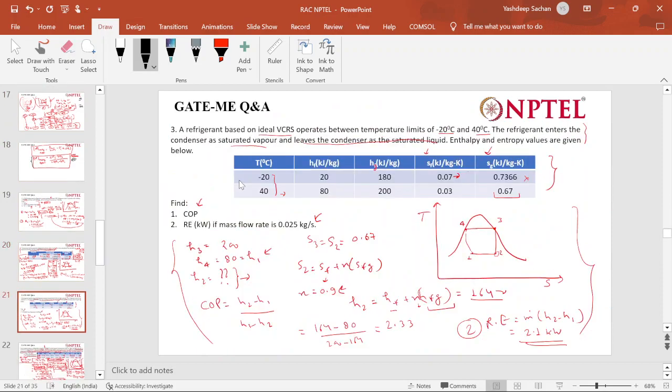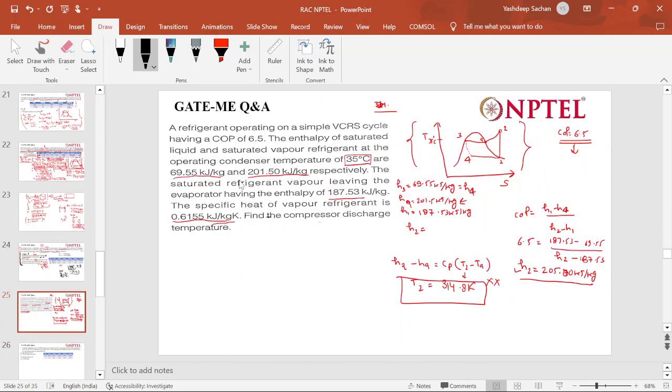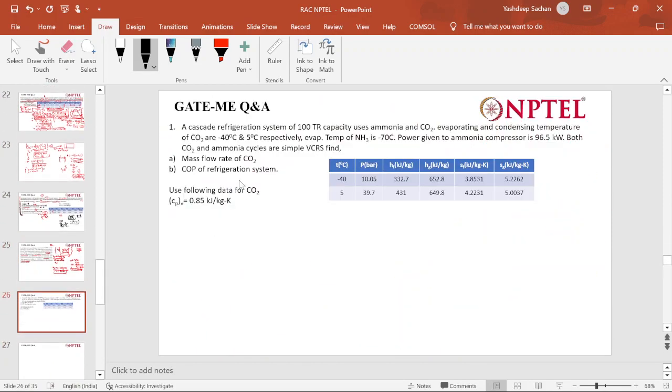So can you try this question? Just first read it. Let me know what the refrigerant at lower temperature would be and what the refrigerant at higher temperature would be. Then we'll start. Can you try, or will you try, or should I start? At lower temperature it is ammonia, and at higher temperature it is CO2.